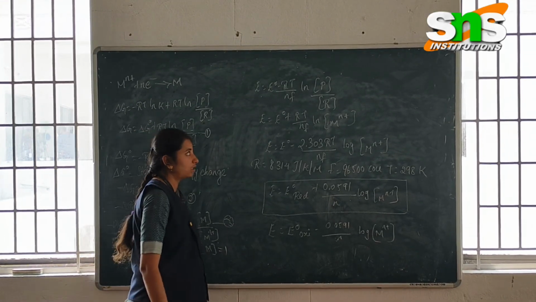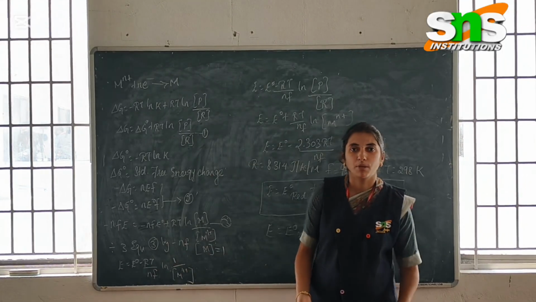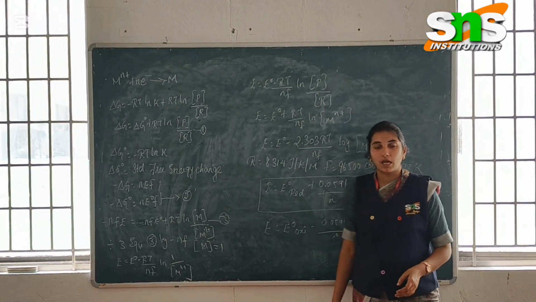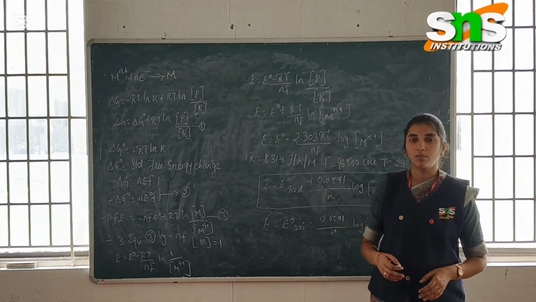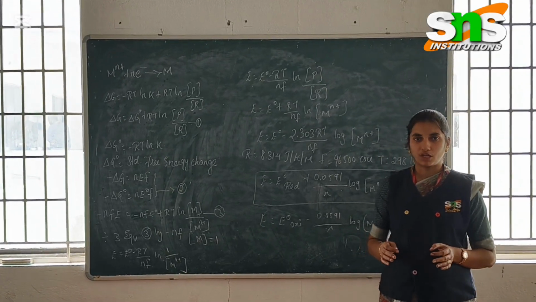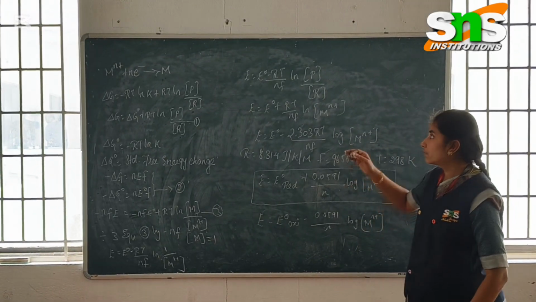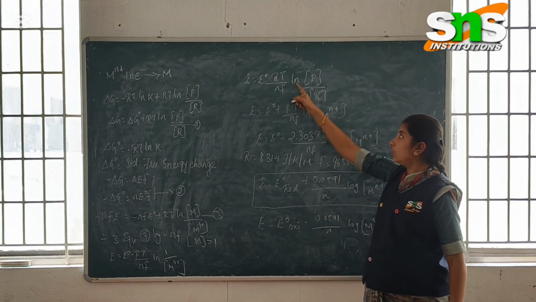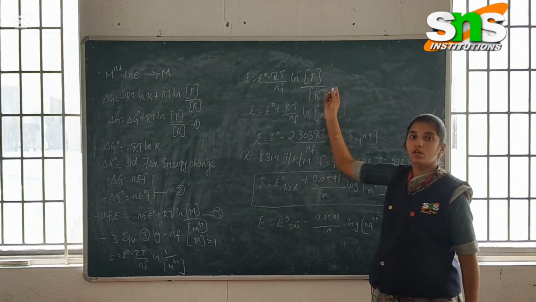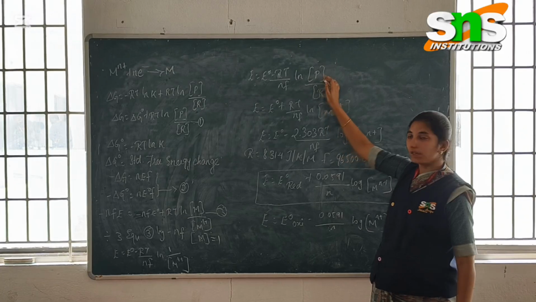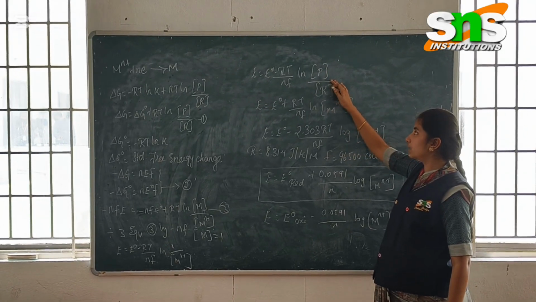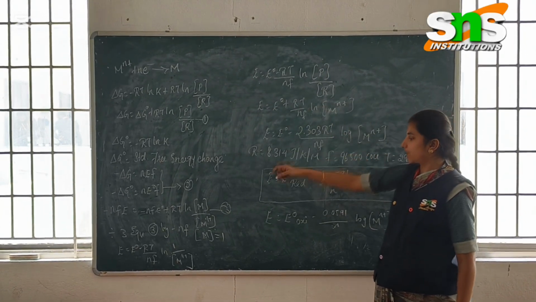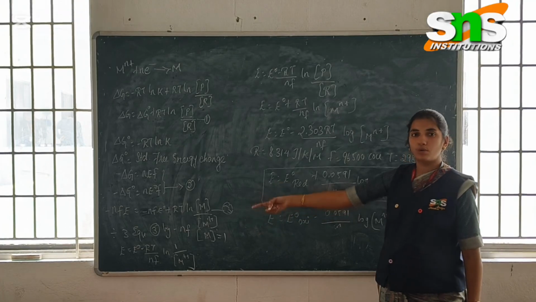Using this equation, we relate the equilibrium constant K and the decrease in free energy change through the transfer of electrons in the equilibrium. So we get E equals E naught minus RT by nF ln product by reactant. Here the product by reactant is transferred as Mn+, so we take the reverse of 1 by Mn+.